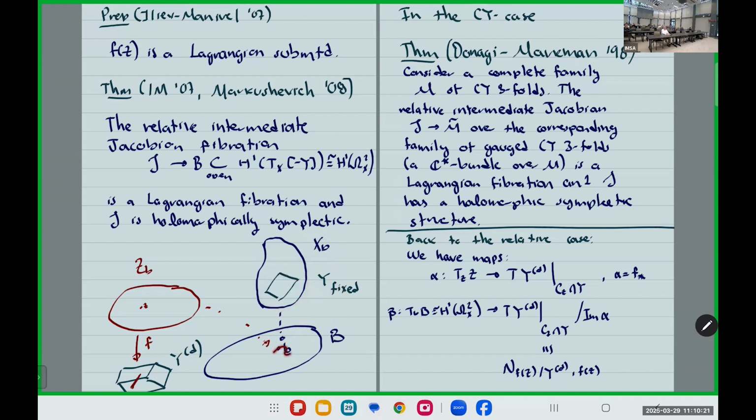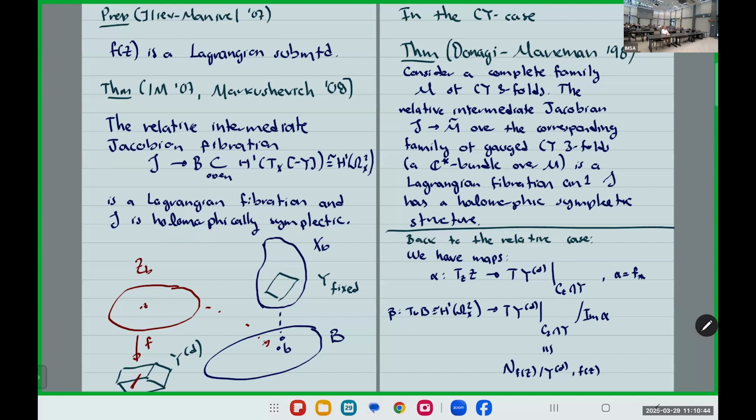Now, you can associate the intermediate Jacobian, and this is the relative intermediate fibration. So now, this fibration is going to be a Lagrangian fibration, and this is going to be holomorphically symplectic.